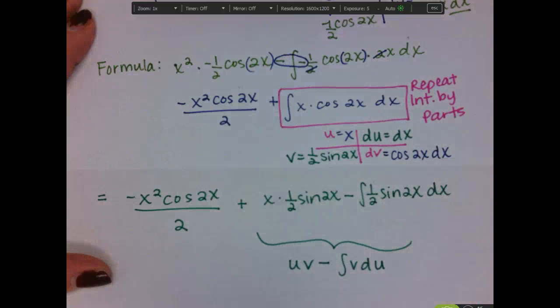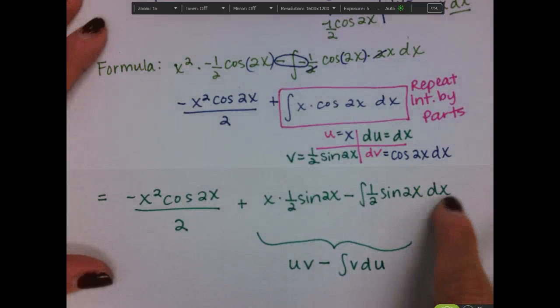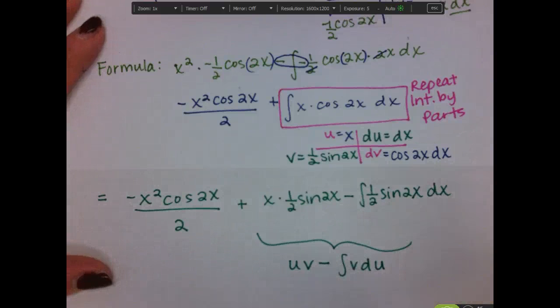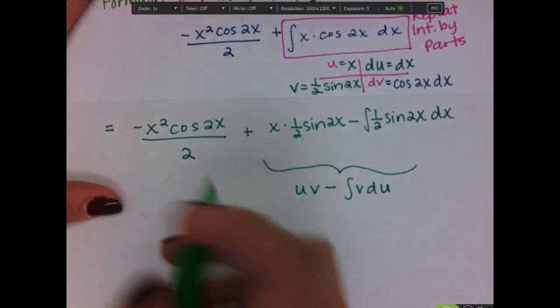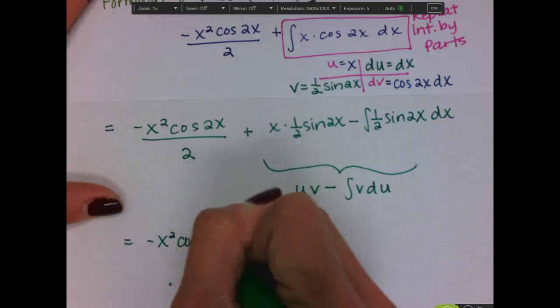Okay, so that's really good news. When I have just a dx, it generally means that this is going to be something that I can integrate. And that means that I don't have to do a third round of integration by parts. Alright, clean things up and integrate.